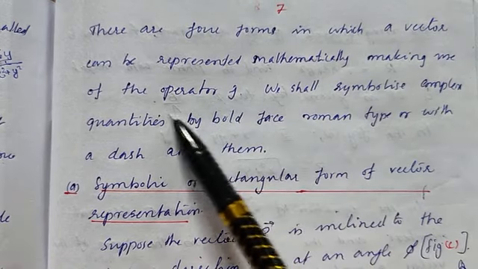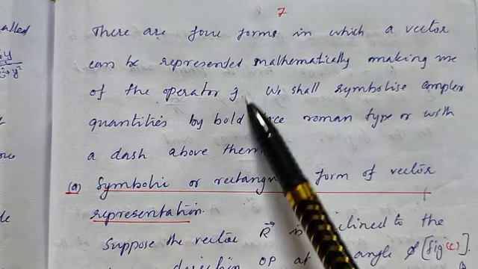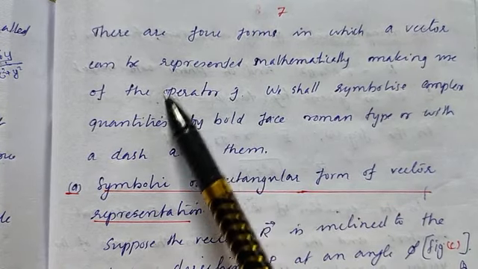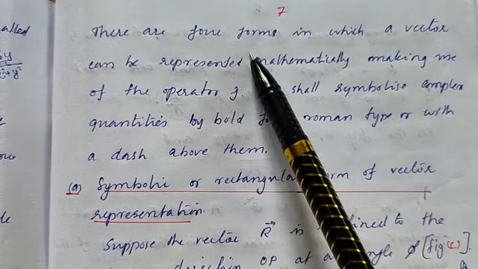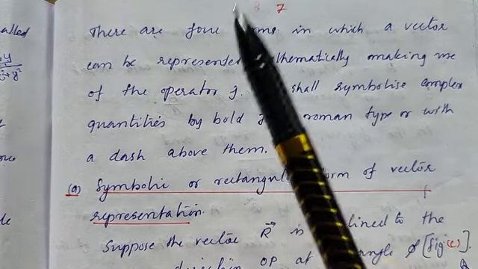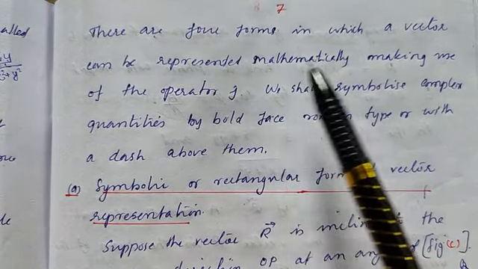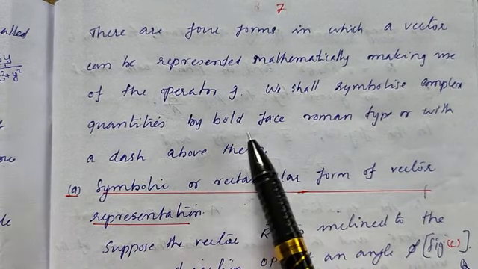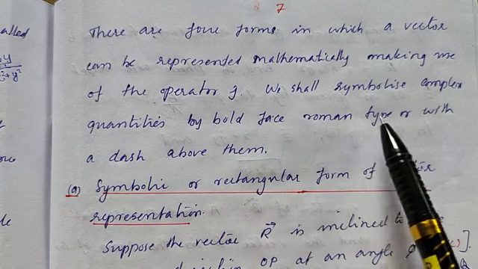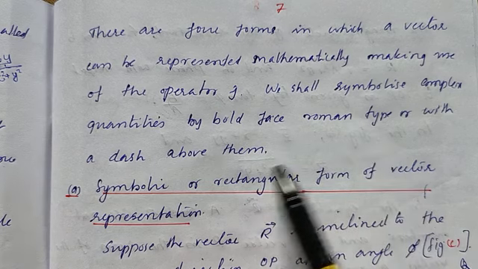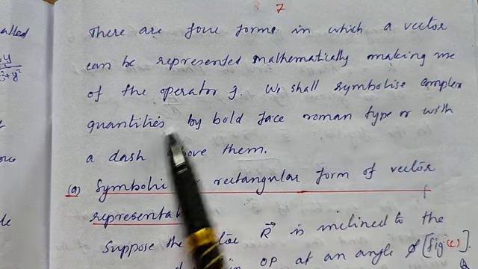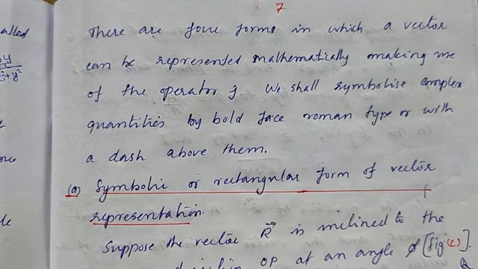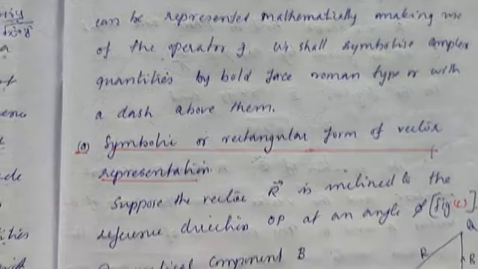We already know what the operator j is, and a vector can be represented in 4 forms using it. We will look at that. We shall symbolize complex quantities by boldface Roman type, or with a dash above them. You know how a vector can be represented while writing. That's what we are describing here.